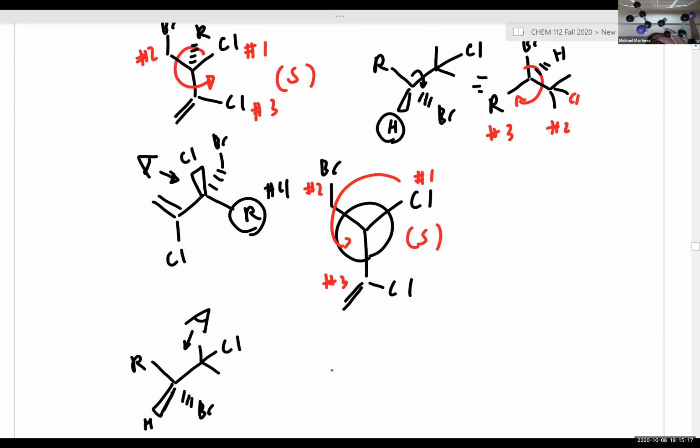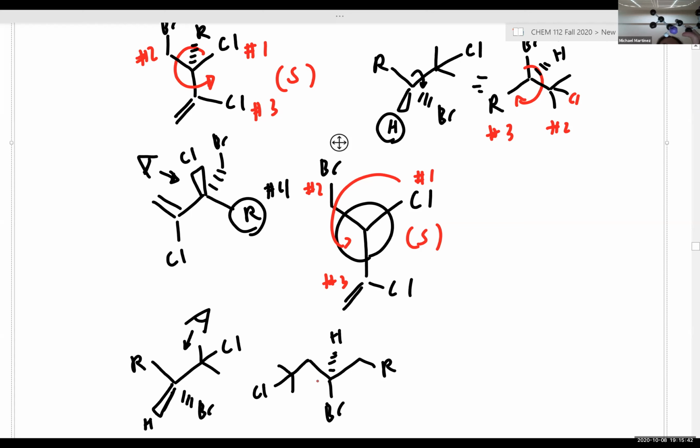So in this case, if our hydrogen is now placed in the back, we have our bromine, we have our alkyl chain, and then we have our alkyl chloride with our hydrogen in the back.